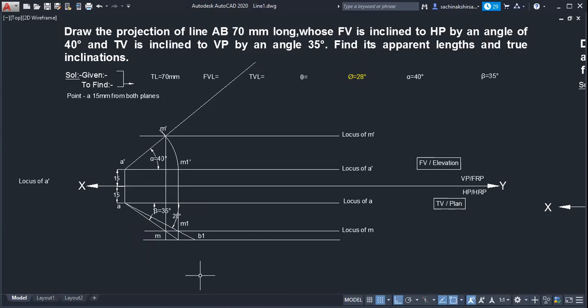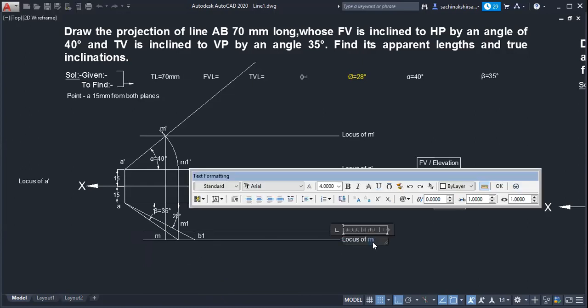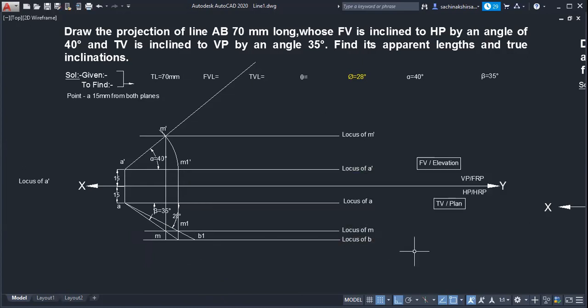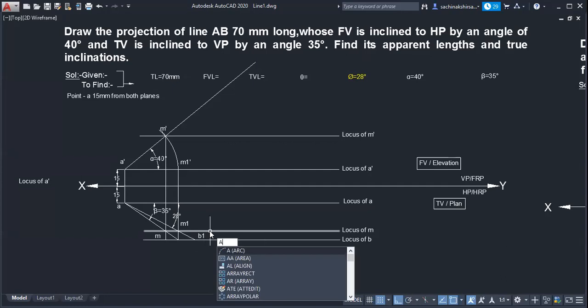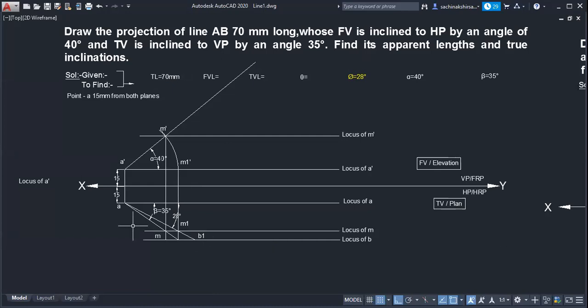So this will be the locus of B. True length we marked, and AB1 true length was already given. So I have marked here whatever was given.